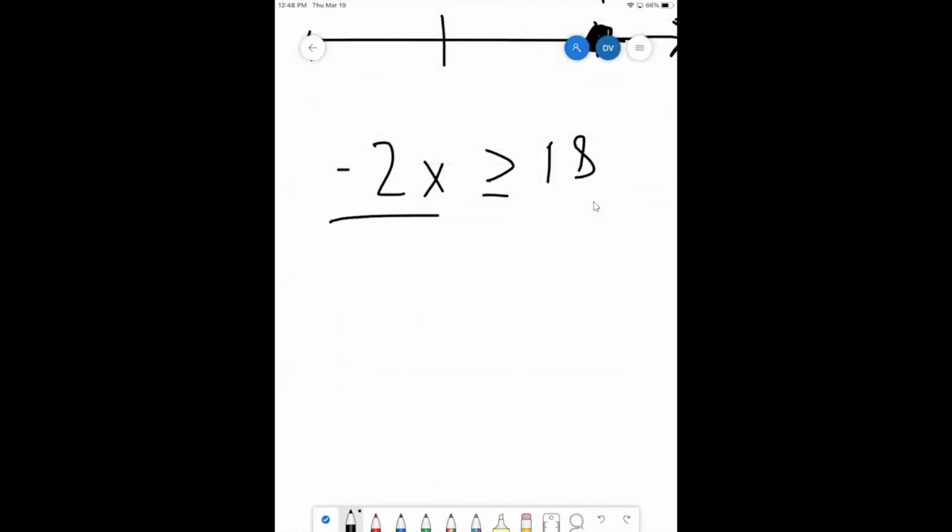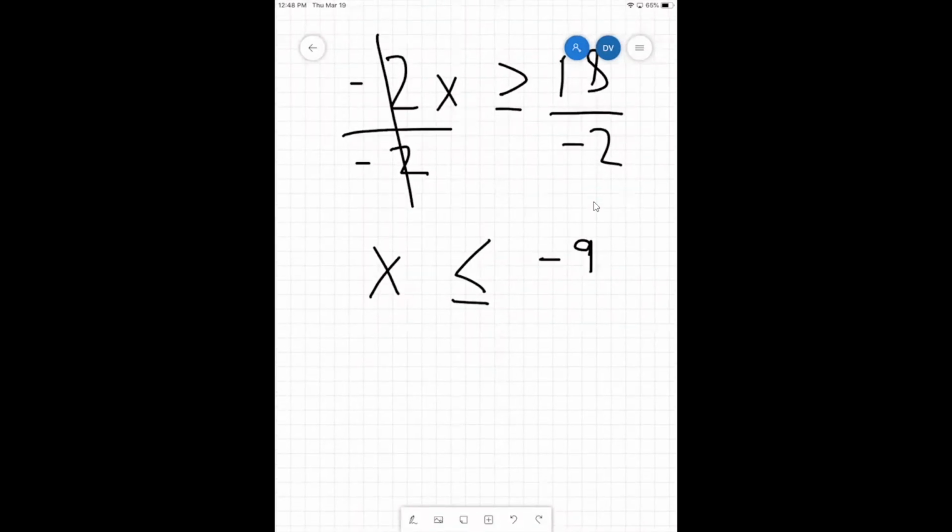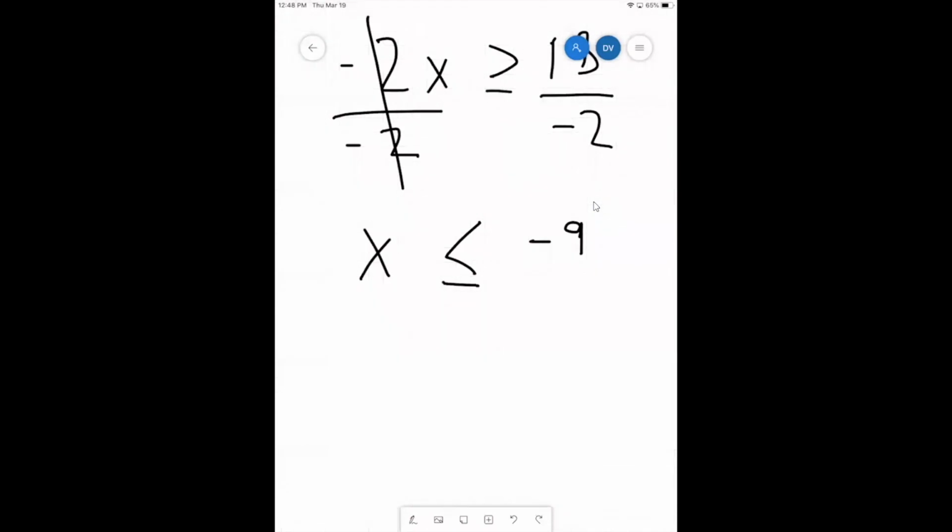Because if we divide by a negative number, our sign is going to flip. So that just has x, and 18 divided by negative 2 is negative 9, right? But when we divide by a negative, our sign's going to flip. So now it's less than or equal to instead of greater than or equal to.